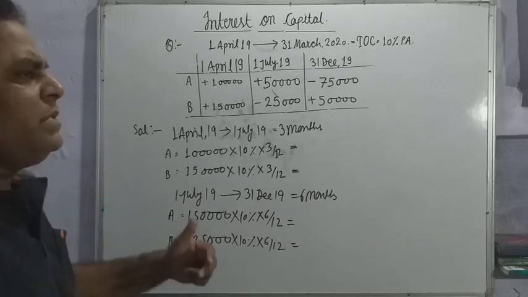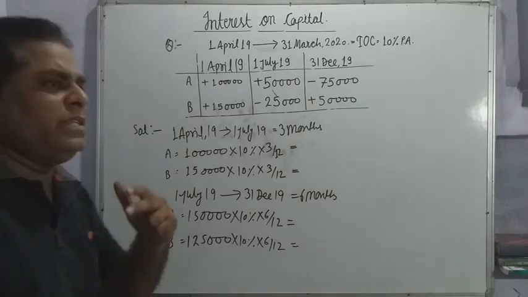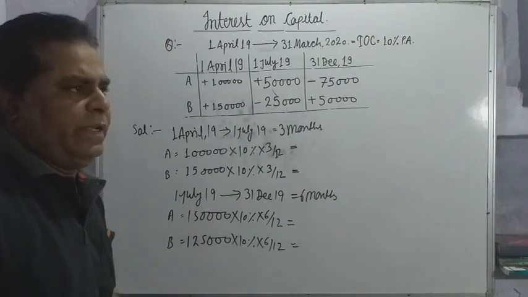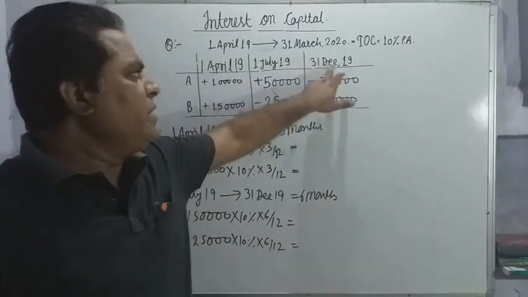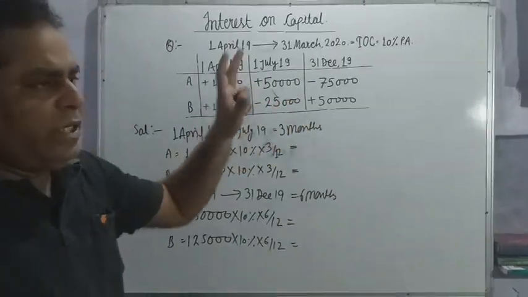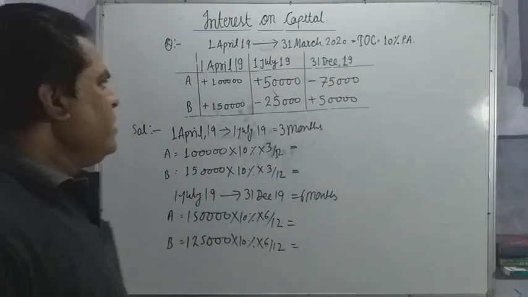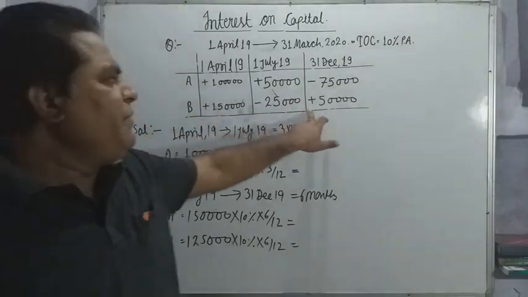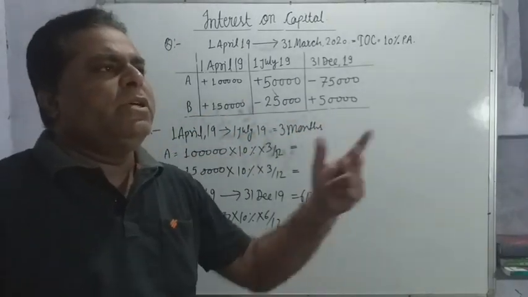Sorry, it will affect from 1st January 2020. Because if A is withdrawing 75,000 on 31st December 2019, it will show effect from 1st January 2020. In the same way, B is also contributing 50,000 rupees, so it will also show effect from 1st January 2020.